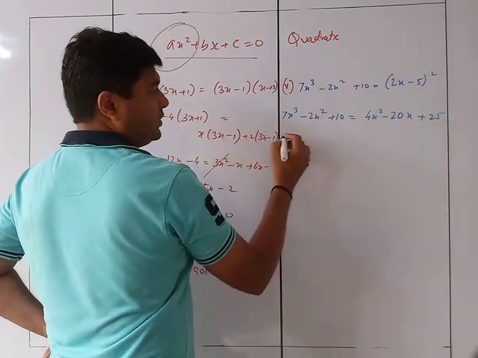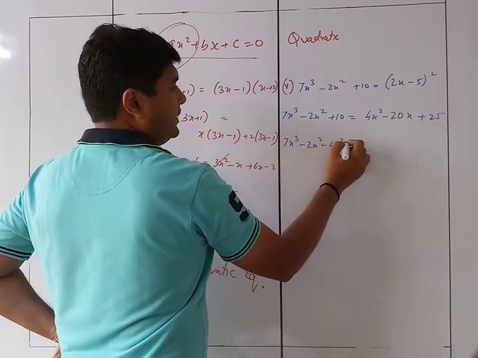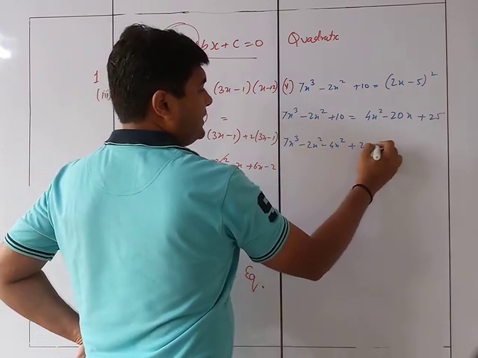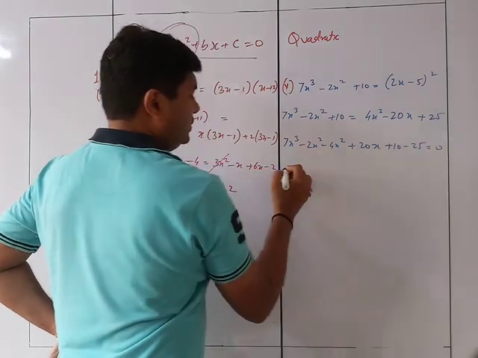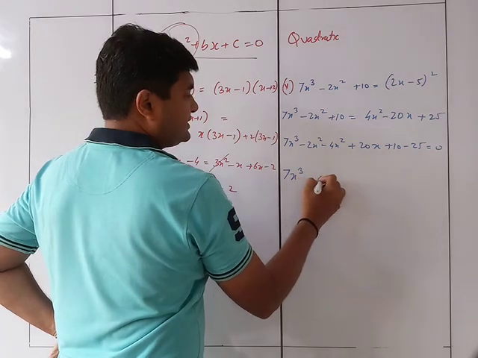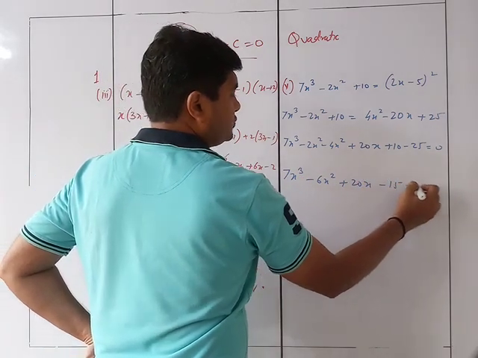So bringing everything on this side, 7x cube minus 2x square minus 4x square plus 20x plus 10 minus 25 is equal to 0. So 7x cube minus 6x square plus 20x minus 15 is equal to 0.